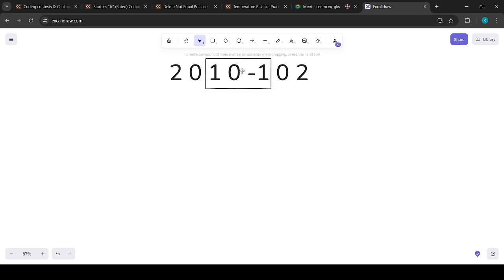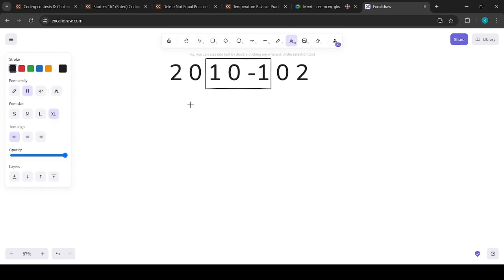We will neutralize this 3 first. So we can say that in 1 second it will become like 2 0 0 1 -1 0 2.